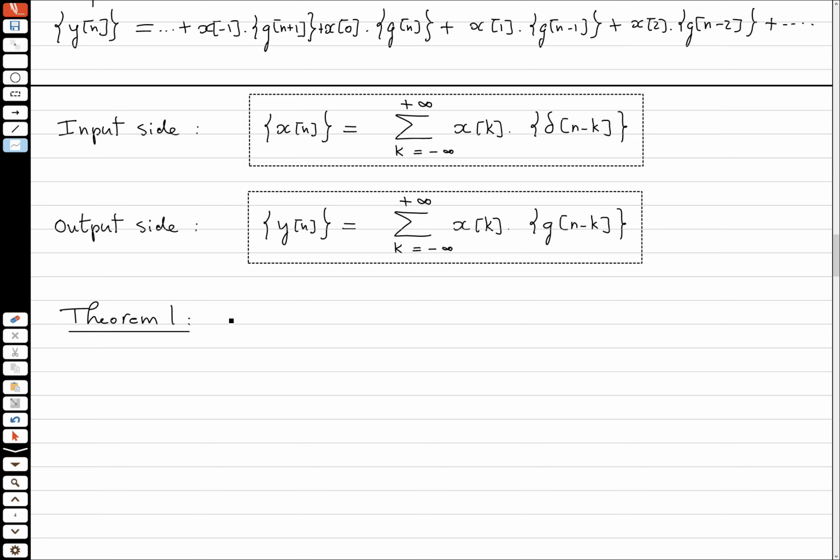So, let S be an LTI system and g of n be its impulse response.